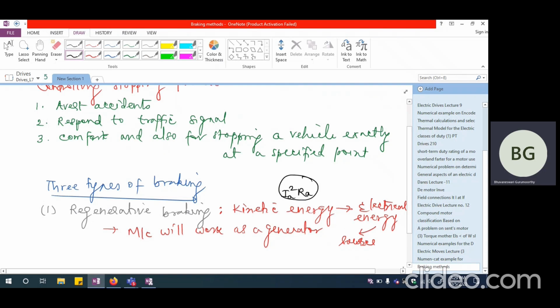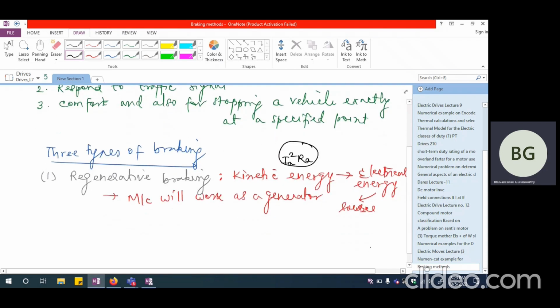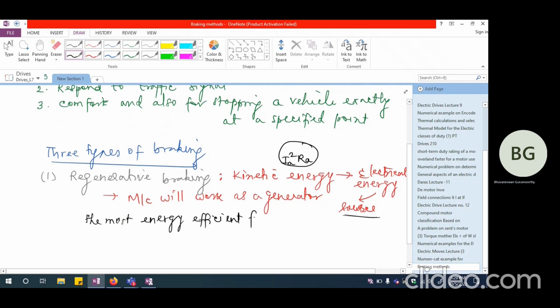But other than that, all the kinetic energy is recovered and converted into electrical energy and fed back to the source. So this is the most energy efficient form of braking.